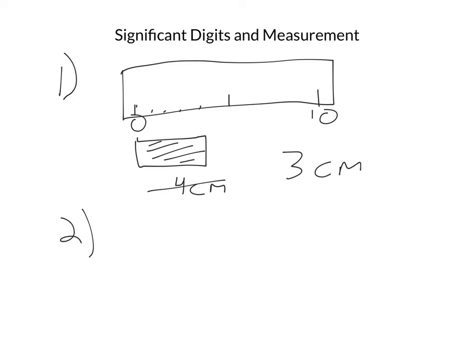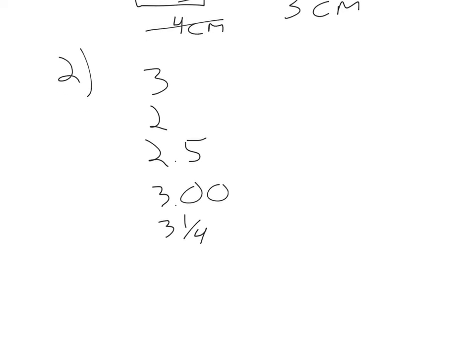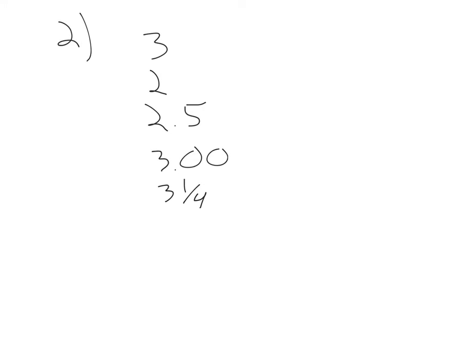So let's look. I'm going to go ahead and record these values here to make it easier for us to talk about them. So there's a 3, a 2, a 2.5, a 3.00, a 3 1/4, and a 3.33.